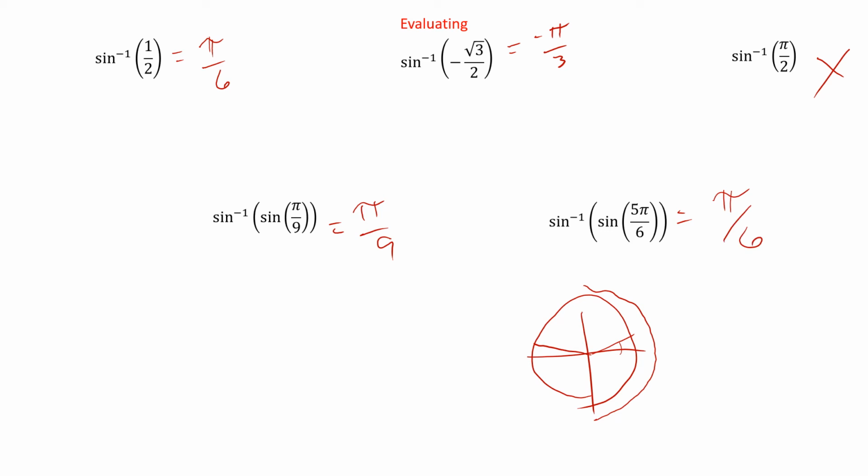Or you could go: sine of 5 pi over 6 is 1/2, and then we know the inverse sine of 1/2 is pi over 6 from up there. So there's a few ways of doing that. Generally speaking, a function composed with its inverse cancels itself out as long as it's in the range and or domain of the inverse there.